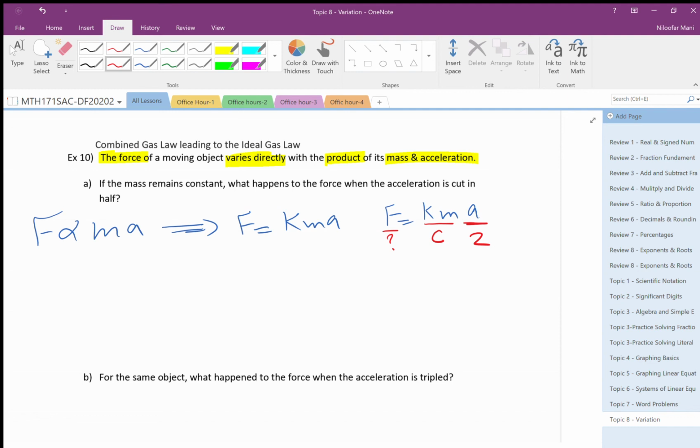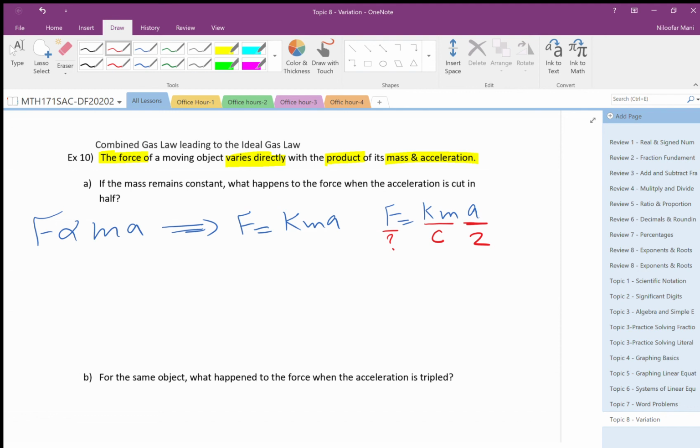Okay, how can I do this mathematically? Here, if you do the line here, this is what I did, I accept. So I say okay, F is kma. So if one of them is divided by 2, the other has to be divided by 2, otherwise it doesn't make any sense. Okay, so I accept.